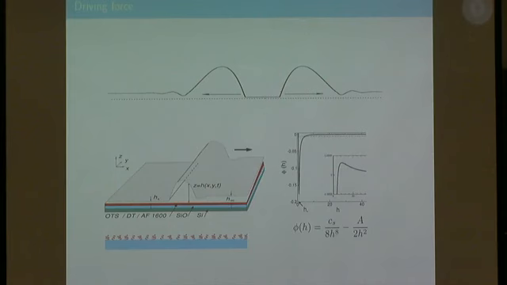The driving force in all of these is the intermolecular potential or intermolecular forces. They are a combination of van der Waals forces, with contributions coming from the different layers, from silicon oxide and the top layer.